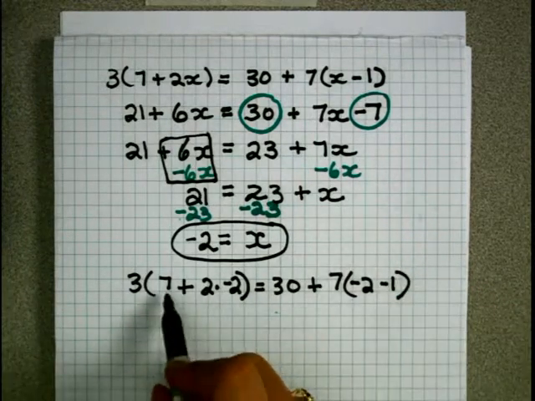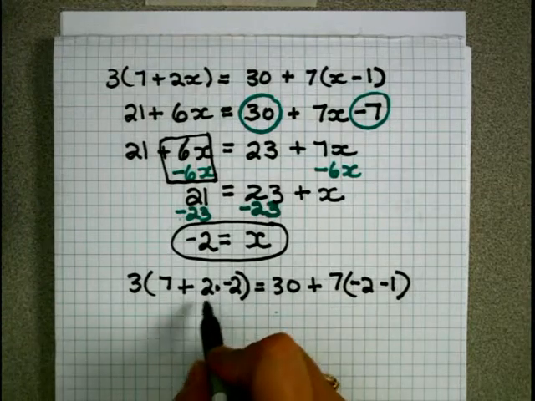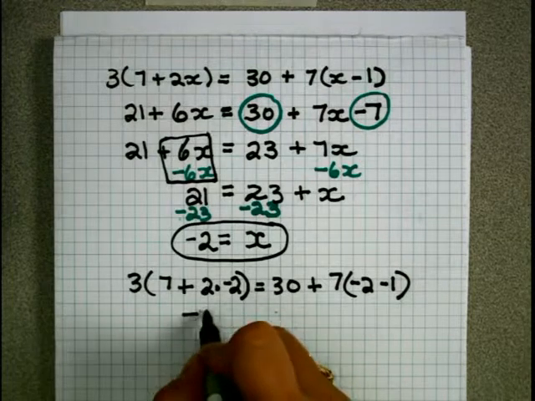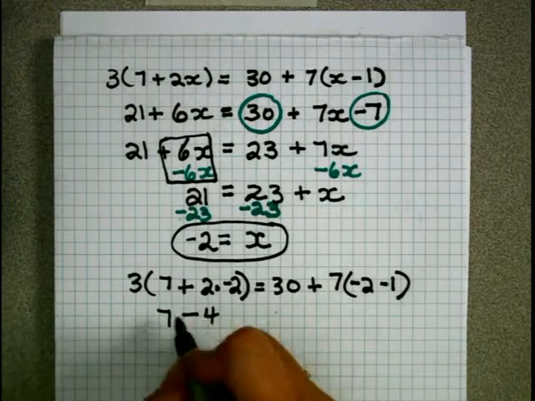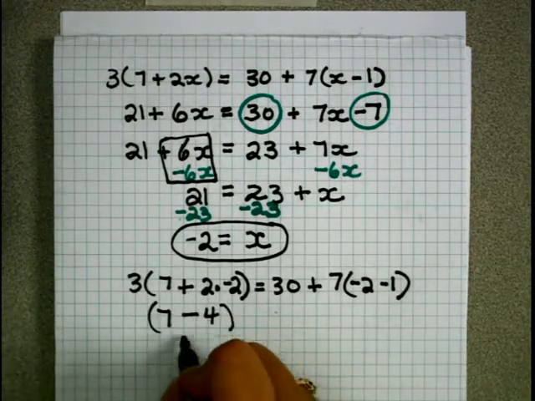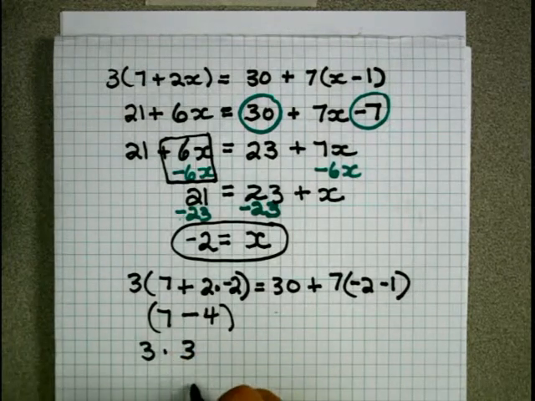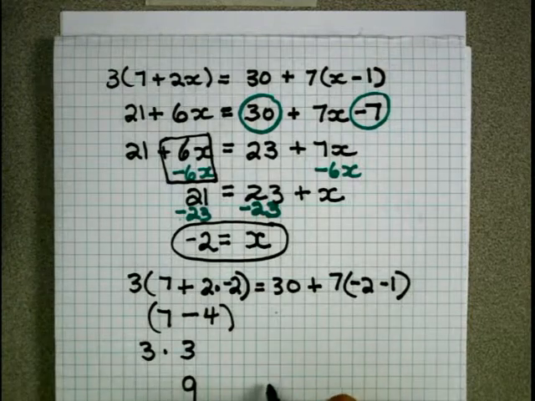So we have 2 times negative 2. We have to do our multiplication first. Gives us a negative 4. And a 7 minus 4 is going to leave us with a 3 times 3. On this side of the equation, we have a 9.